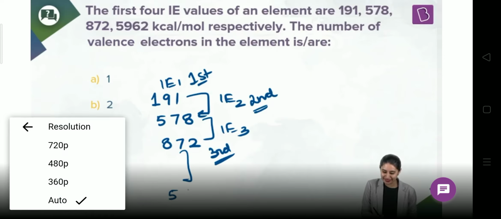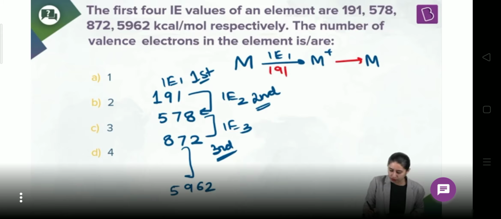From a species, let's say M, to M+, the energy required is 191, pretty less. For M2+, the energy required is 578. From M2+ to M3+, the energy required is 872. Pretty decent. We know that IE3 has to be greater than IE2. But IE4 is exceptionally high.